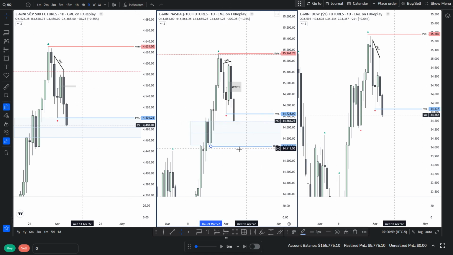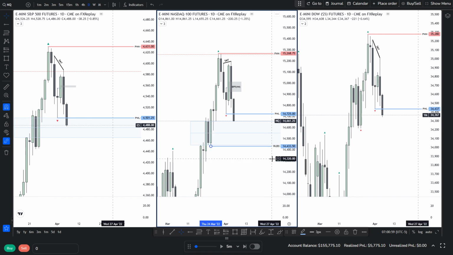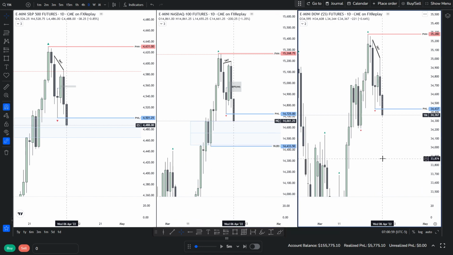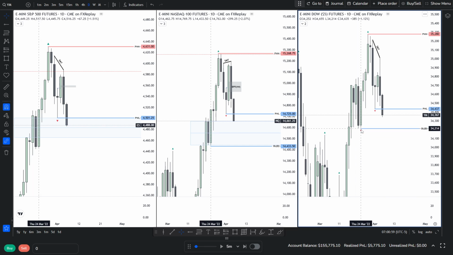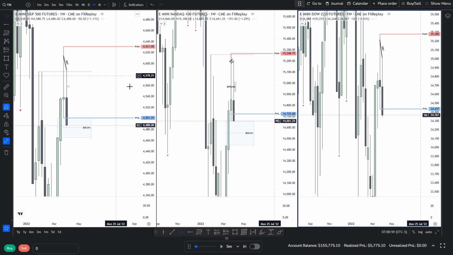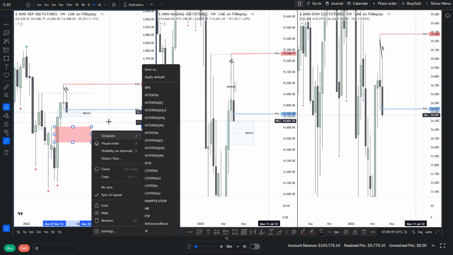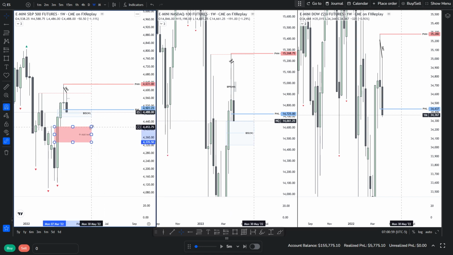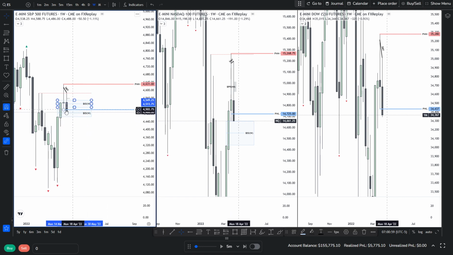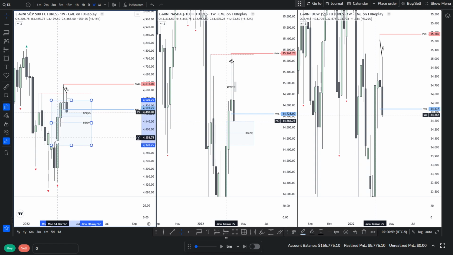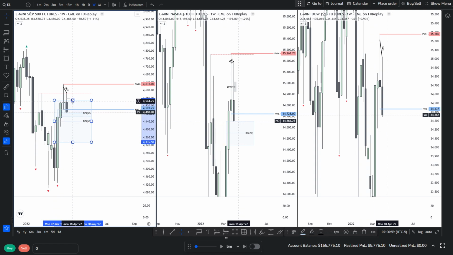Okay, now I'm just going to mark this very quickly, but I also want to check the weekly. I think we are in, certainly making this more probable. Okay, so let's get this one marked in.